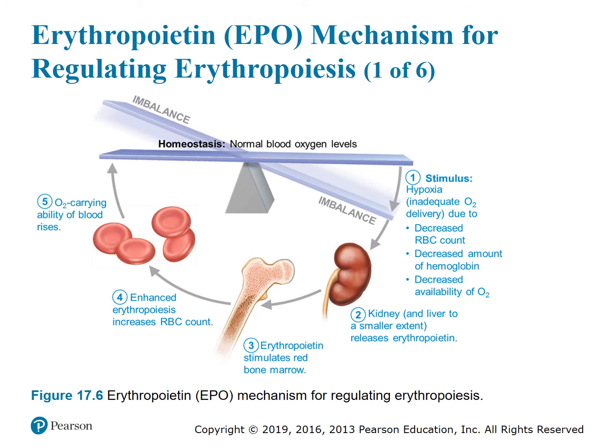This stimulus will target the kidney, and the liver to a smaller extent, to release EPO. EPO stimulates the red bone marrow, and as a result there's enhanced erythropoiesis, which increases red blood cell count, and then the oxygen-carrying ability of blood will rise. And so normal blood oxygen levels will be restored.